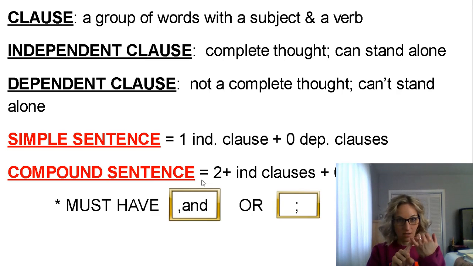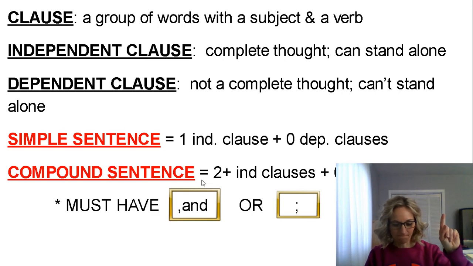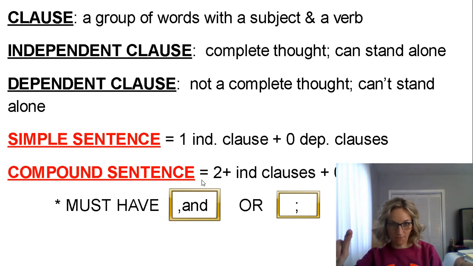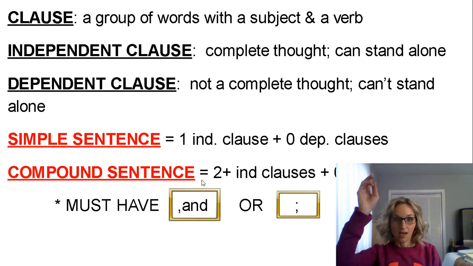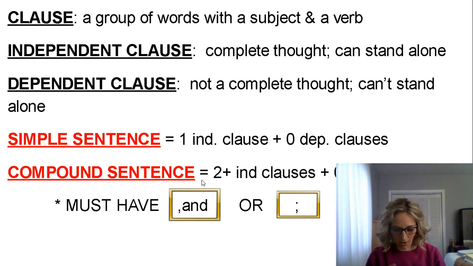Find your semicolon or comma conjunction. Subjects and verbs. Write the formula. What do you have? SV, semicolon, S, V, and V. We had two verbs, righteous, runneth, and is. Compound. Good job. All right, number 7, last one.